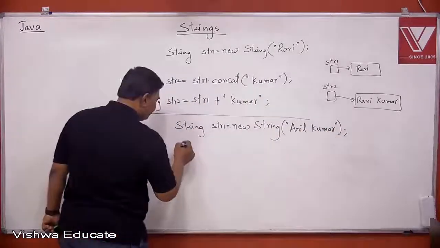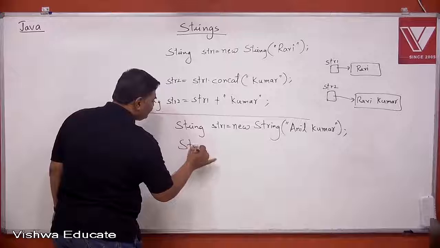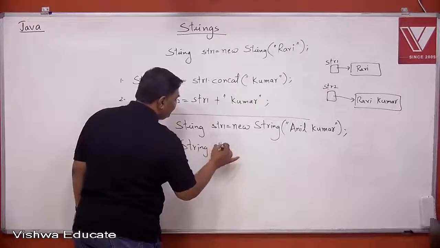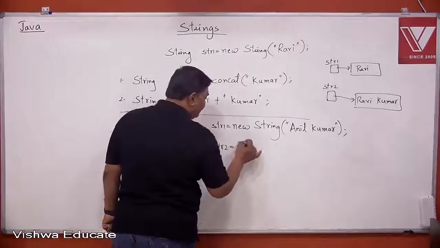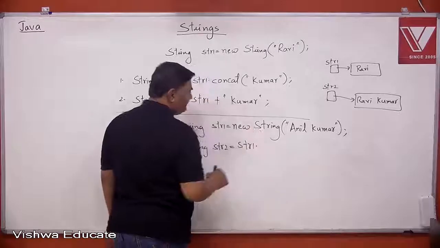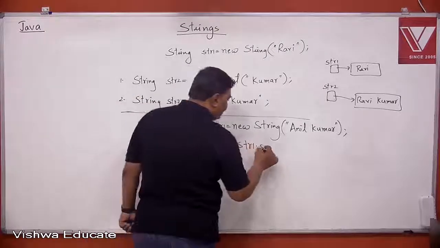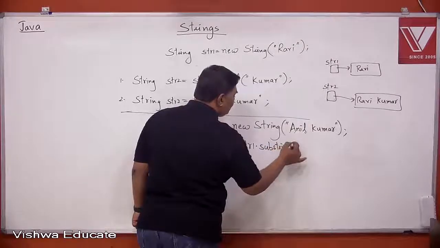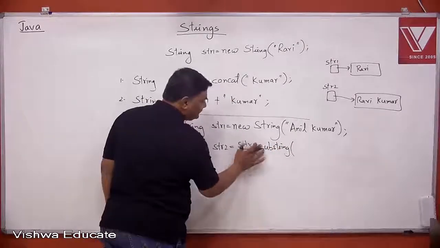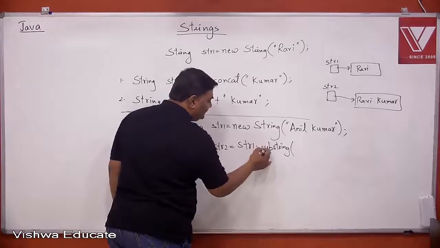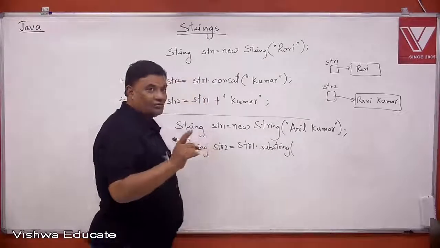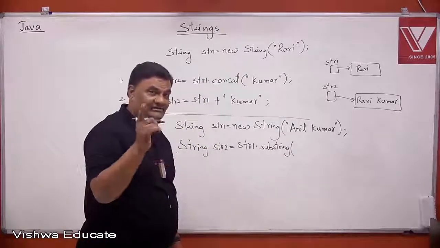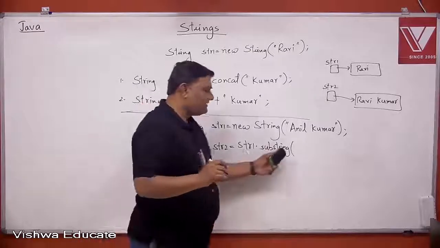Now from this I will say String str2 assign from str1, substring. This is a method. Everything is small. See, substring is not two words. It is a single word.